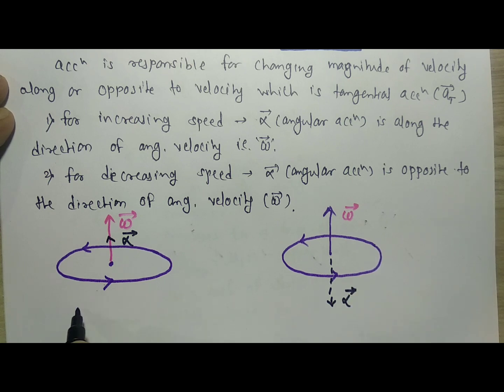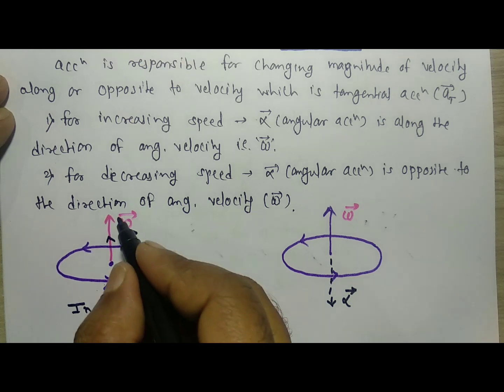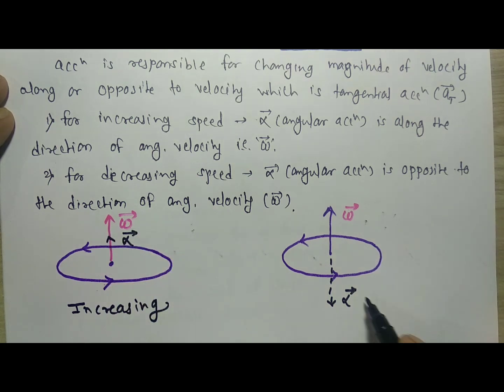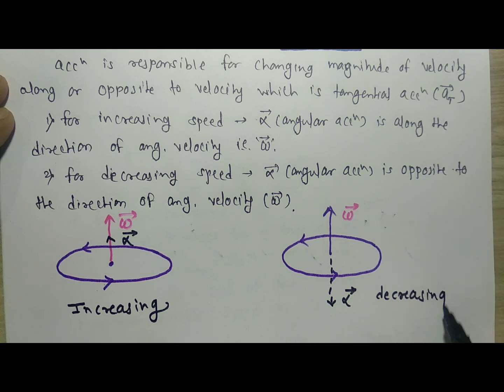That means in the increasing condition, omega and alpha are both in the same direction, and in the decreasing condition, alpha and omega are opposite to each other.